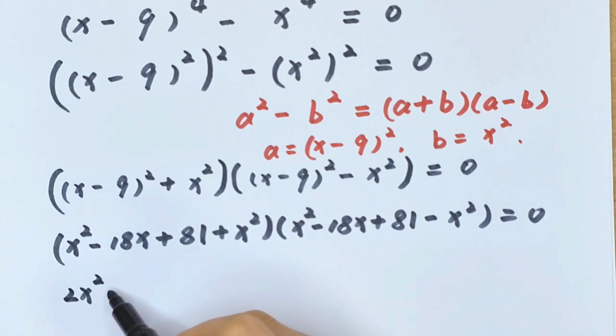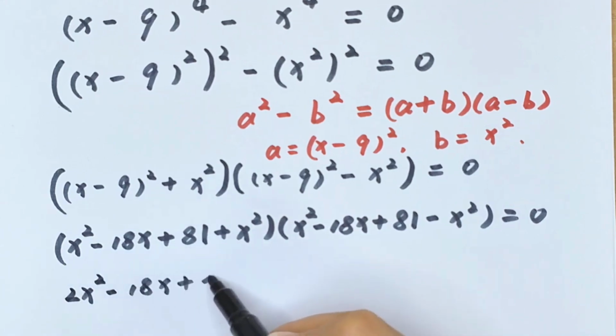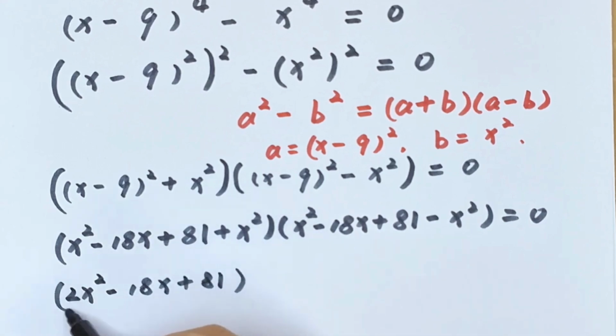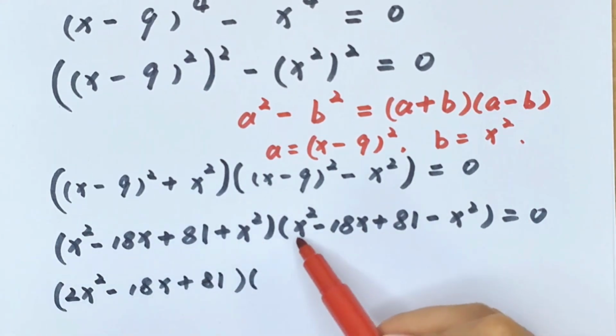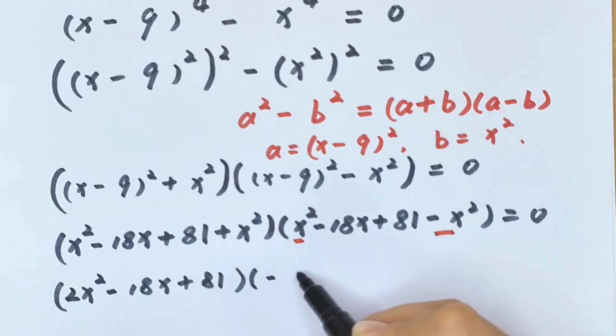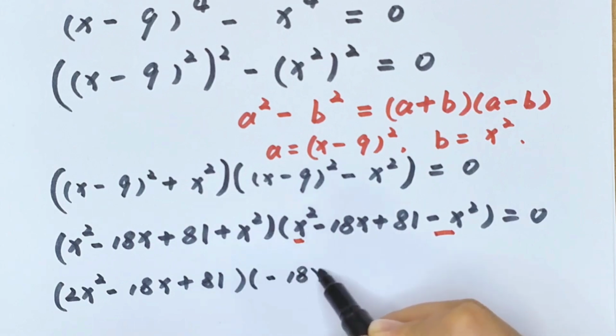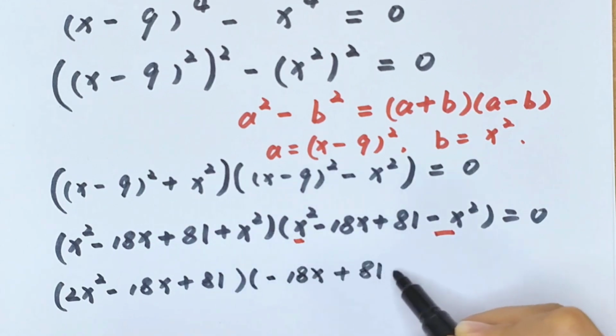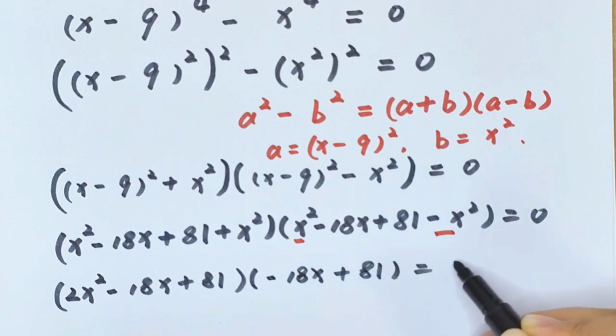That is (2x squared minus 18x plus 81) times (x squared minus x squared is 0), so negative 18x plus 81 equals 0.